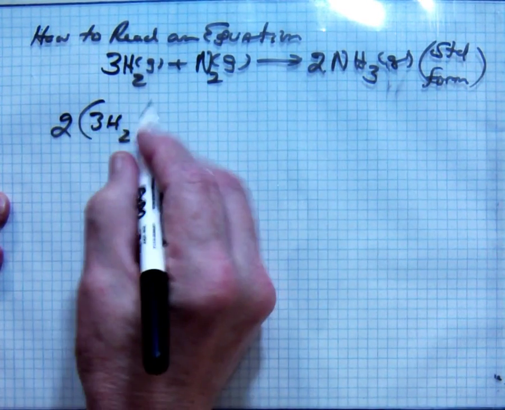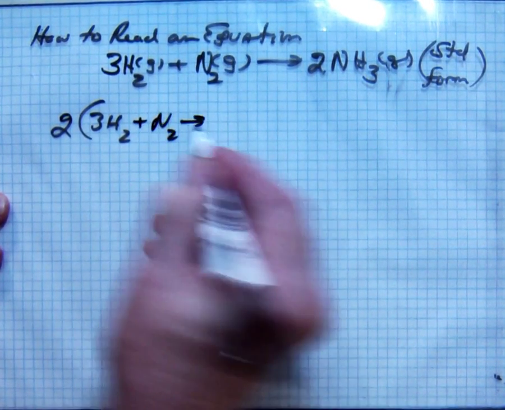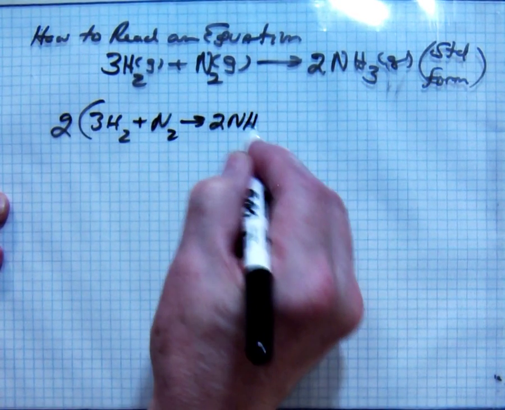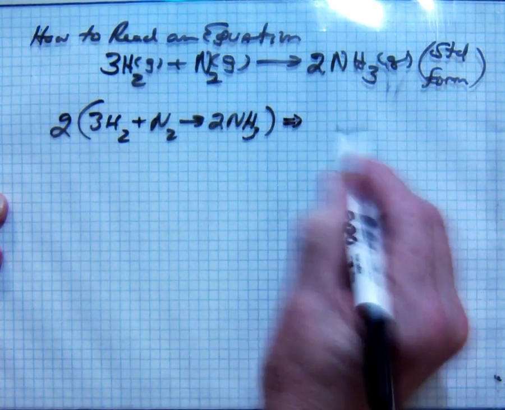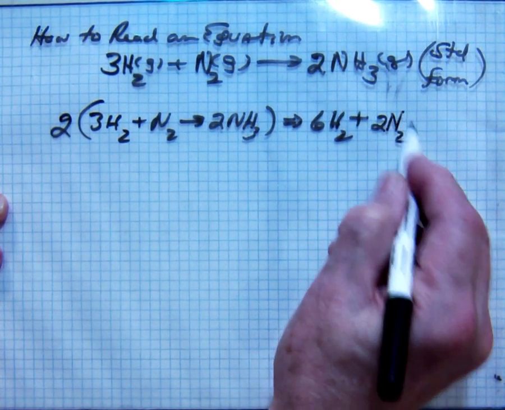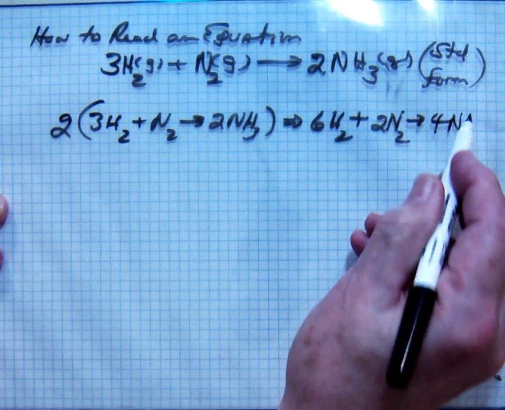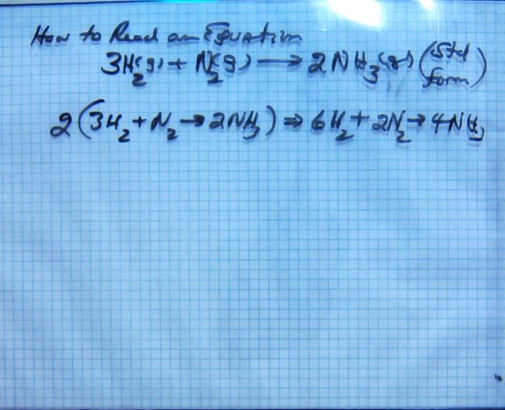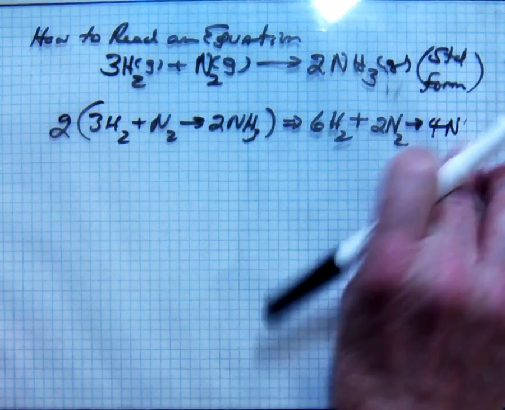They're all gases, so please go with me on this. That would give me 6 H2, 2 N2, and 4 NH3. It's not the standard form, but it's still a legal ratio. And that's how they react: 6 moles, or 6 parts, hydrogen will always react with 2 parts nitrogen and produce 4 parts ammonia.